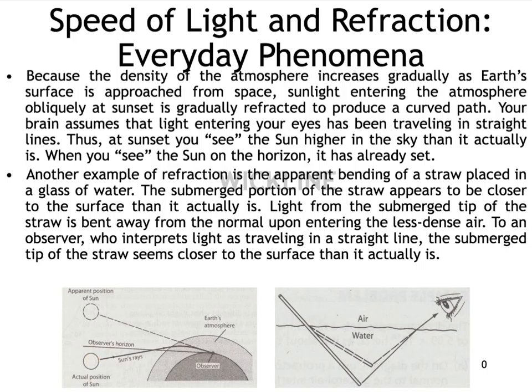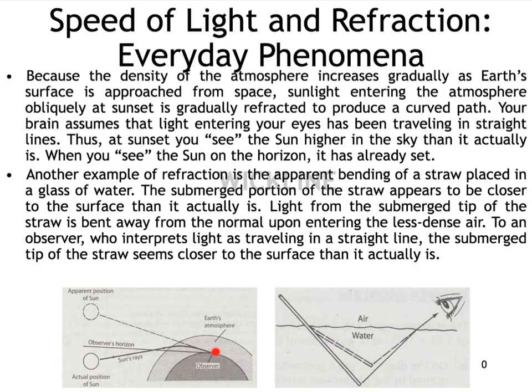But its rays are going to pass up through the atmosphere at this point, and because it's going from a less dense medium, space, to a more dense medium, the atmosphere, it's going to bend towards the normal. So here it is bending towards the normal, and it keeps bending all the way until it gets to your eye.